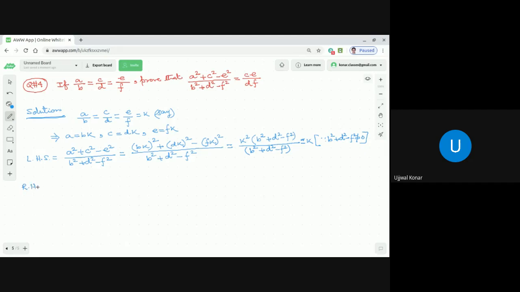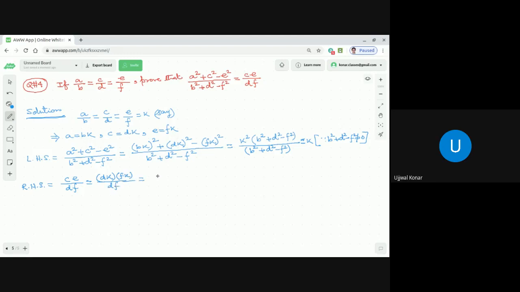Now let's look into the right hand side. Right hand side is C into E divided by D into F. We should write C and E both in terms of D and F, as in the denominator also there are D and F. C is equal to DK and E is equal to FK, divided by DF.